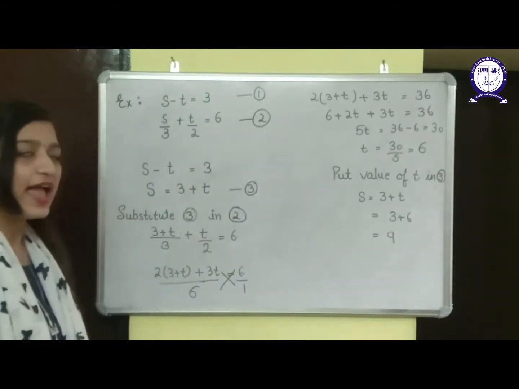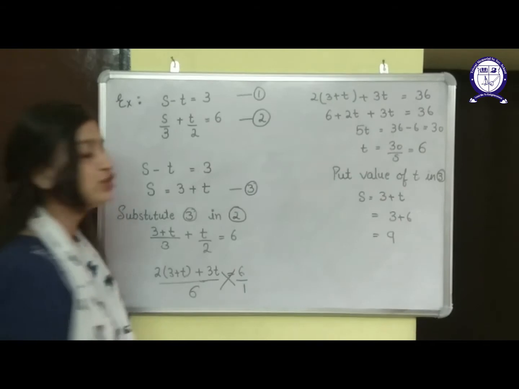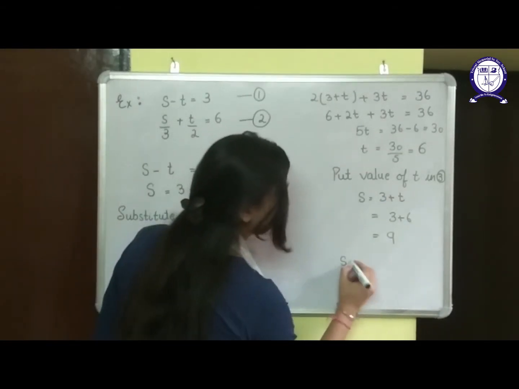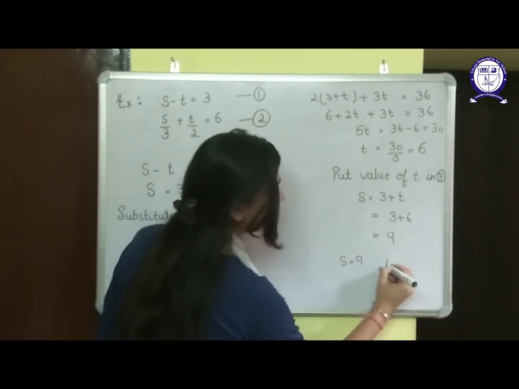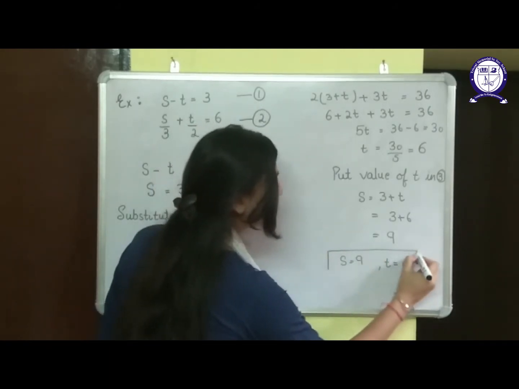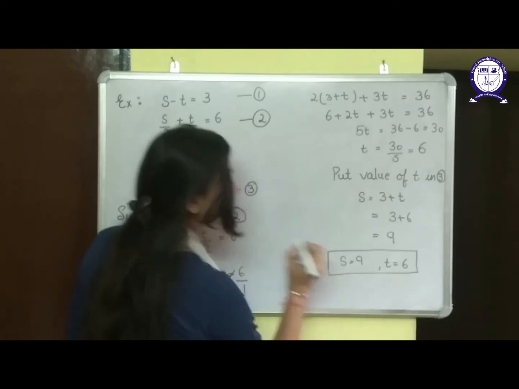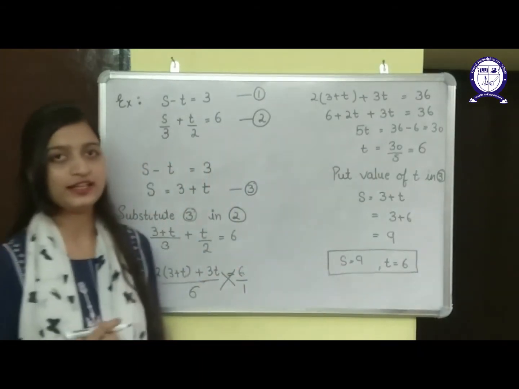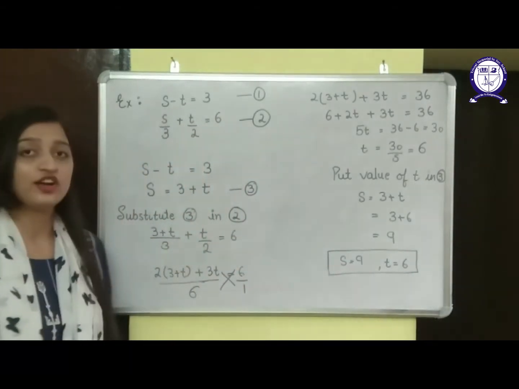Okay? And at the end of the question, always write your solutions again. So my s equals 9 and t equals 6, and try to highlight it so the question looks attractive. So this is the method of substitution.